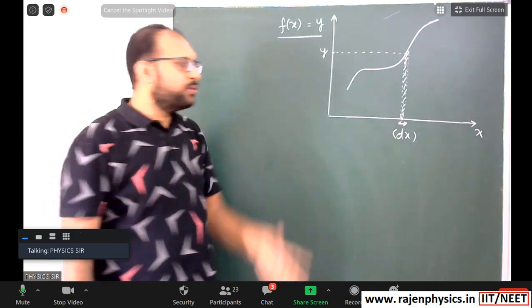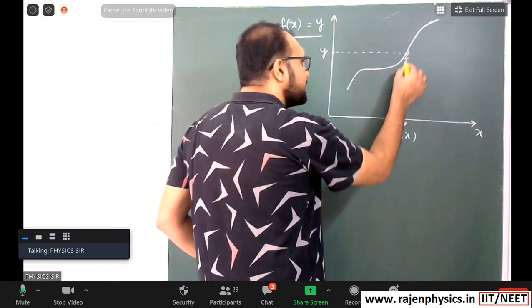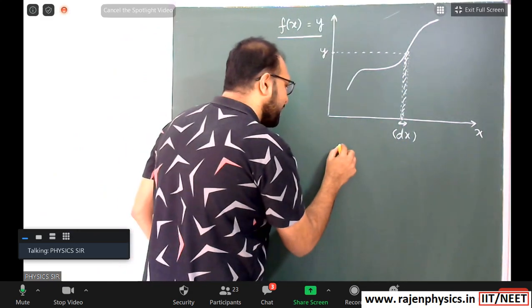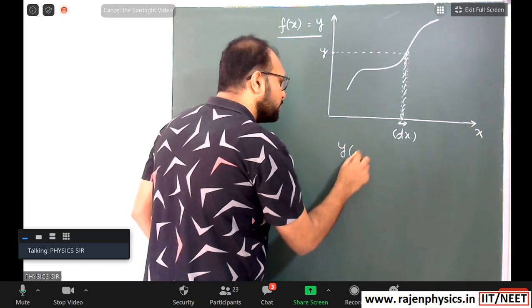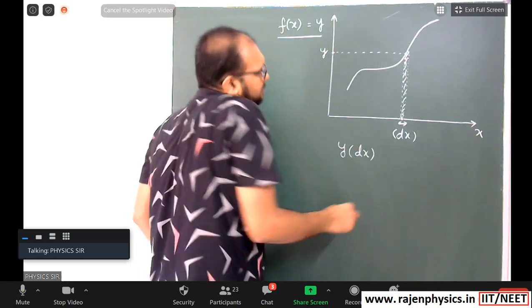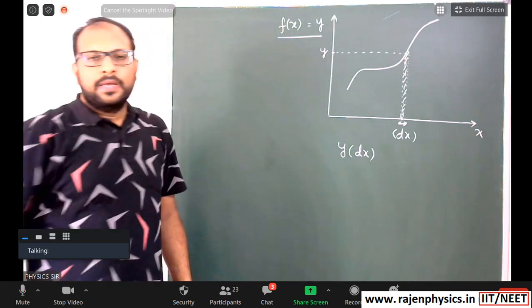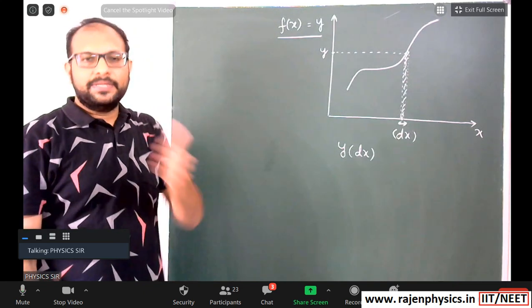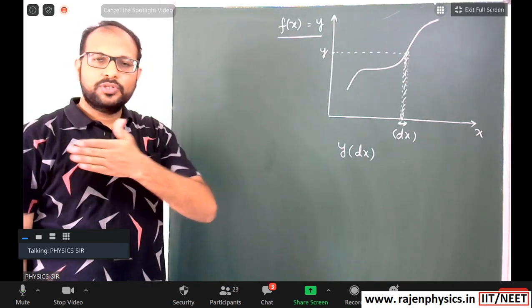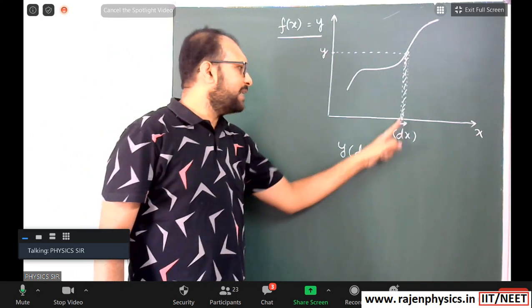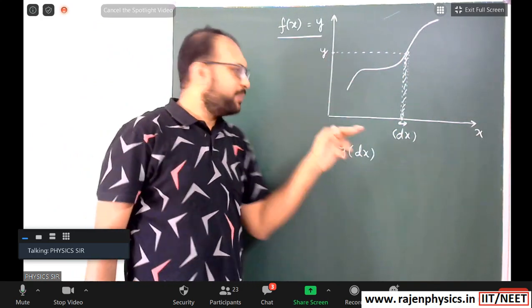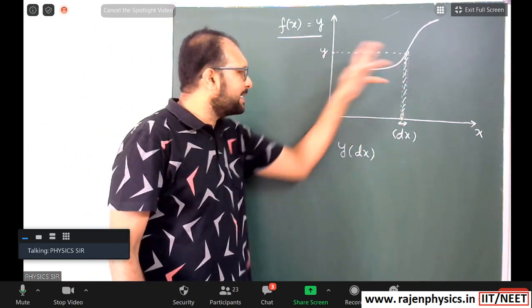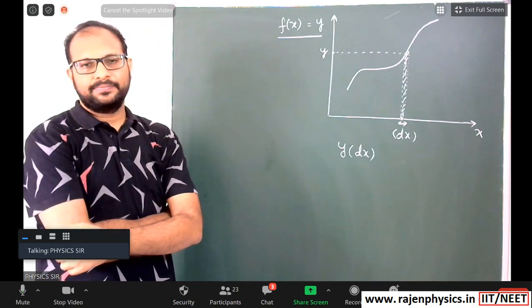Rectangle area, you know students, for only this small rectangle, is y into dx. Rectangle area is length into breadth. Length here is dx, and breadth is y, because from here to here the complete rectangle is y into dx.